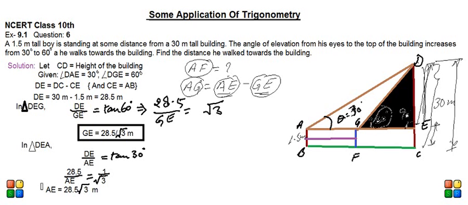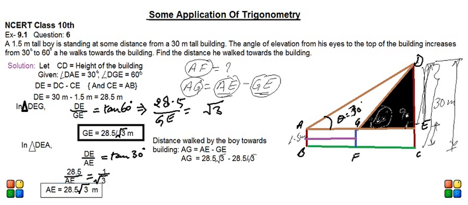Now, if we proceed in the question further, we can easily see how to solve this problem and reach the final solution. According to the question, find the distance he walked towards the building. That means the distance he walked towards the building is AG.